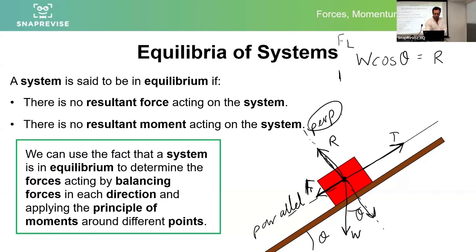And if we consider the forces parallel to the slope, acting up the slope we've got tension, and that will have to be sufficient to meet the friction and the component of the weight acting down the slope.